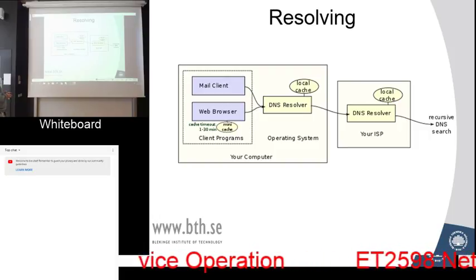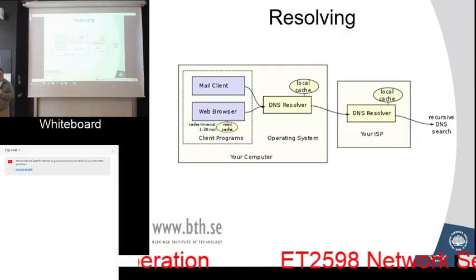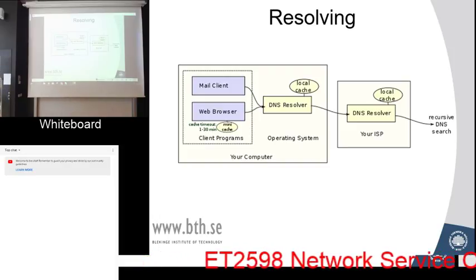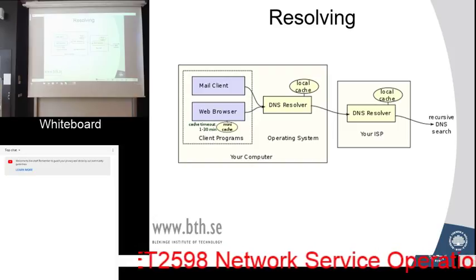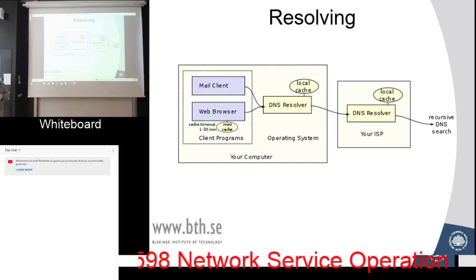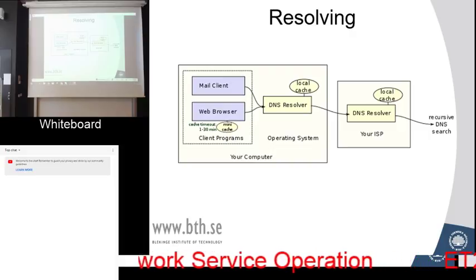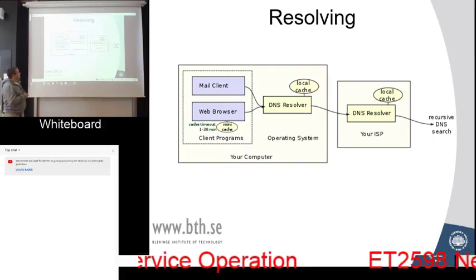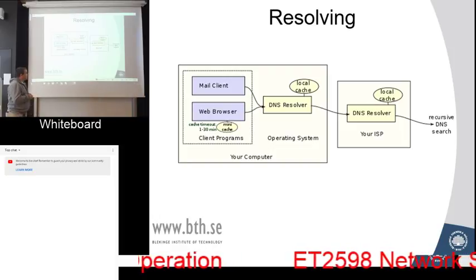So when a client needs to resolve, because IP doesn't do it, or a program needs to resolve a string, it sends a request to the local DNS resolver. This has a cache that lasts for between, as pointed out here. Okay, we have that one too.